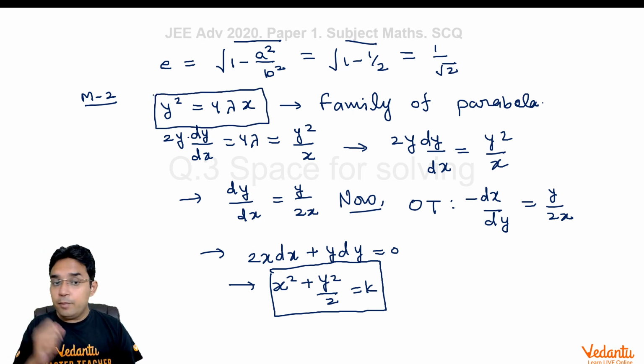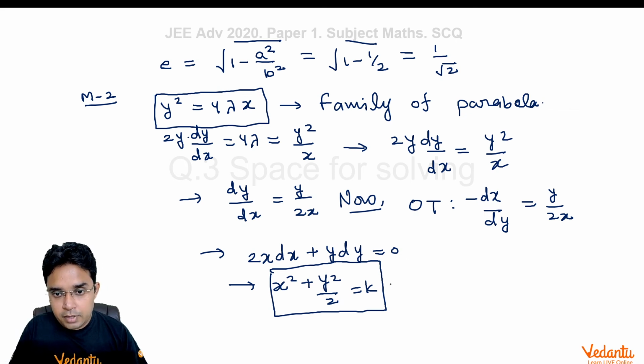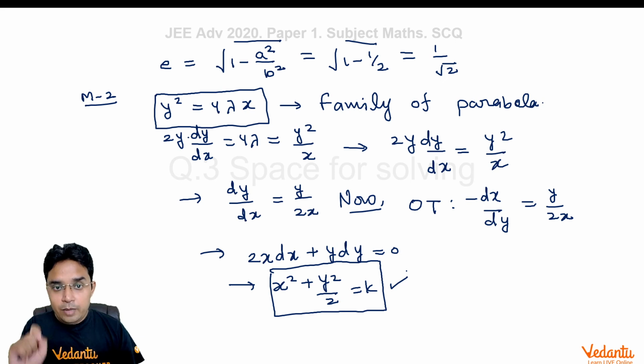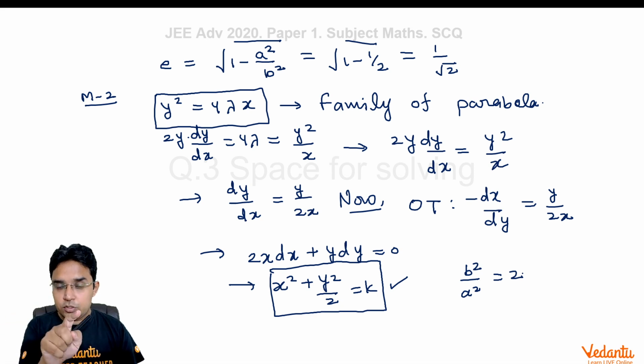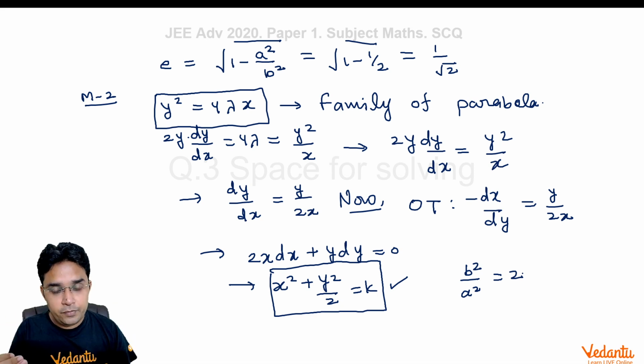Now, what is very important here is that any such ellipse will be intersecting the parabola at 90 degrees only. It is not that this ellipse intersects the parabola at 90 degrees only when it passes through the ends of the latus rectum. In fact, every such ellipse where b square upon a square is equal to 2 is going to intersect this parabola at 90 degrees.